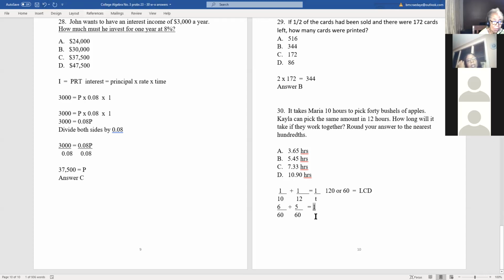I'm just going to put over here 6 plus 5, that's 11, over 60. So 11 over 60 is equal to 1/t, right? So what's t equal to?